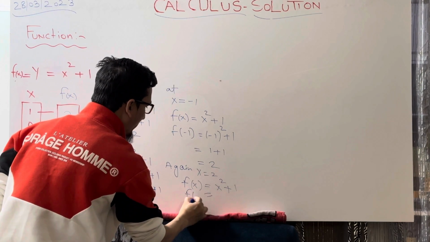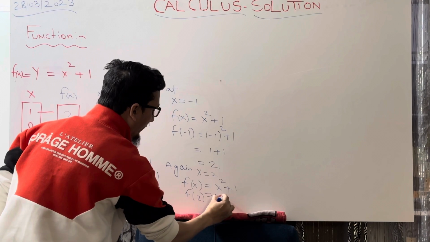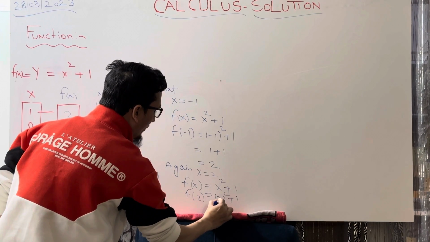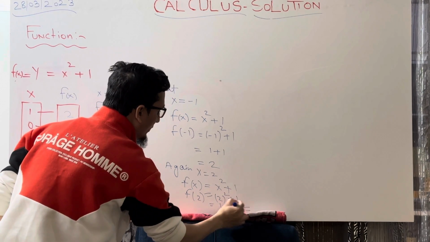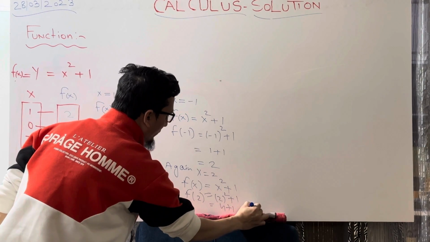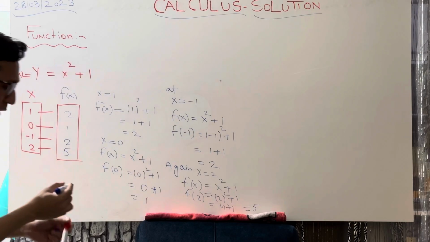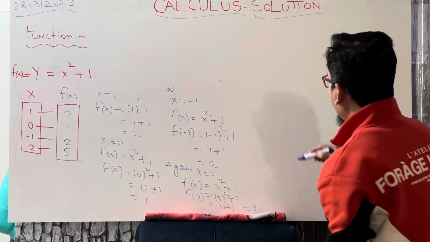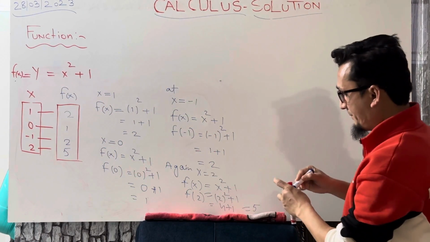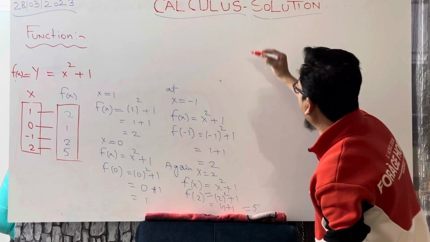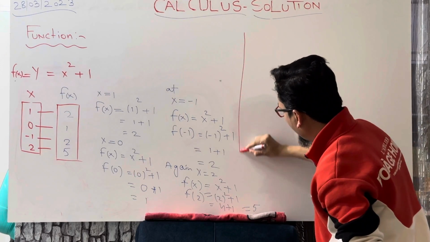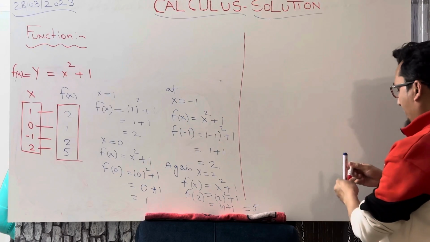So if you plug in 2, you find 2 square plus 1, which is 4 plus 1. 2 square is 4, 4 plus 1 is 5, so the answer is 5. Means we have 4 ordered pairs.